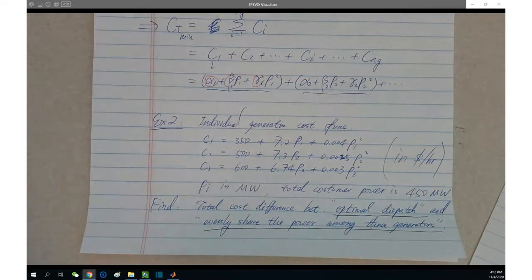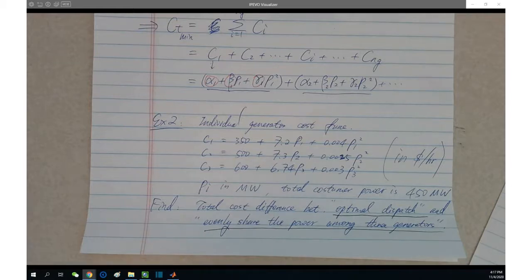So first of all, what is the lambda value? You are looking for lambda first. You need to find lambda first. This is what we did back in example 1. Lambda equals what? I got 8. Good. What is the unit? Dollars per megawatt hour. Good, that's right. Several of you got the right lambda. The next is P1 through P3.